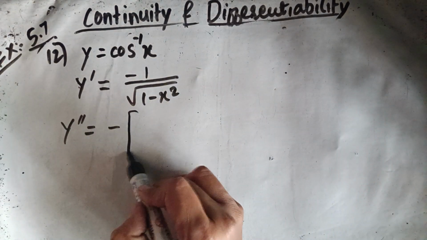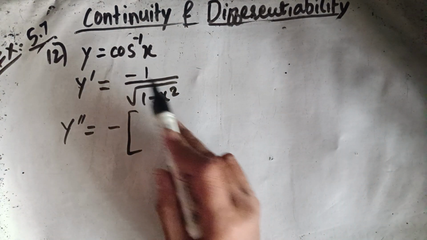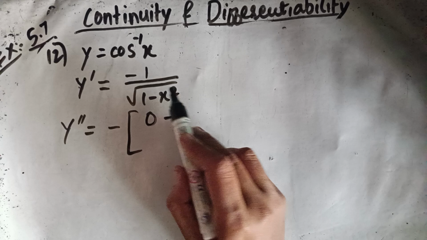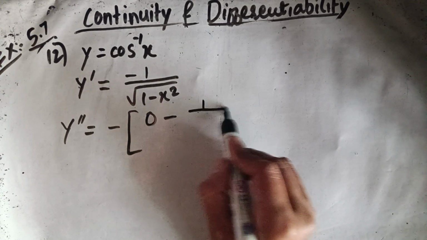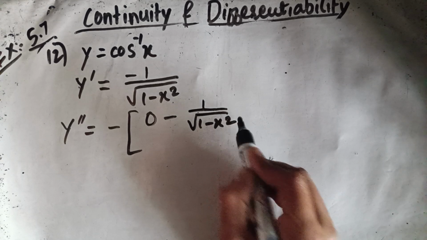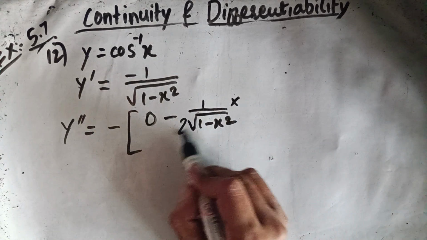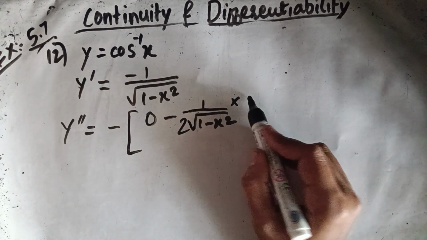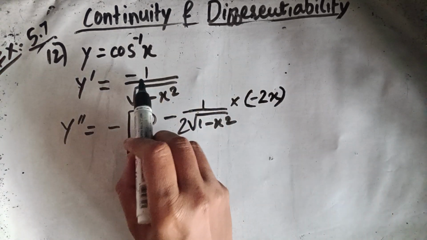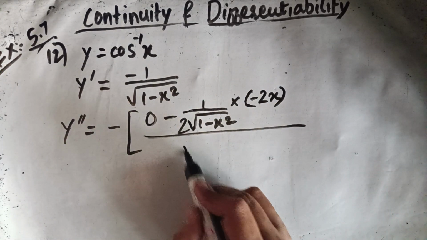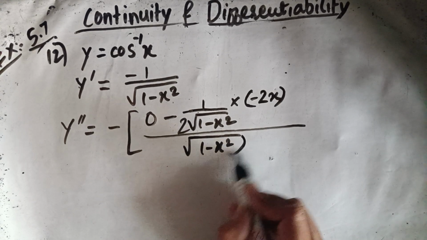Minus I am keeping outside. So derivative of 1 is 0 minus derivative of this thing is 1 upon root of 1 minus x square into 2 into derivative of minus x square upon the whole square.